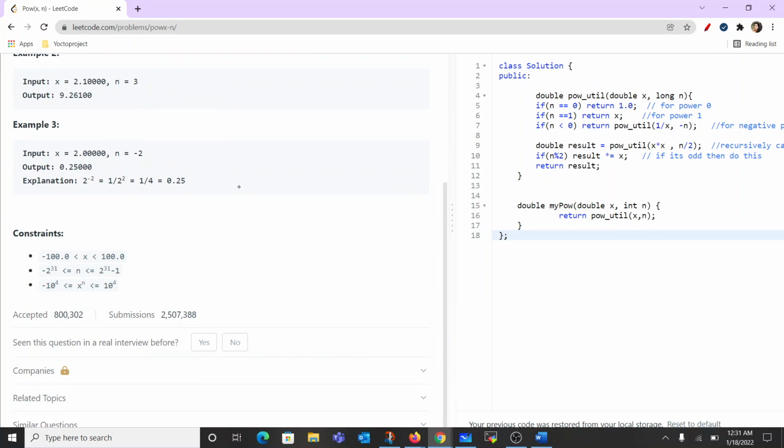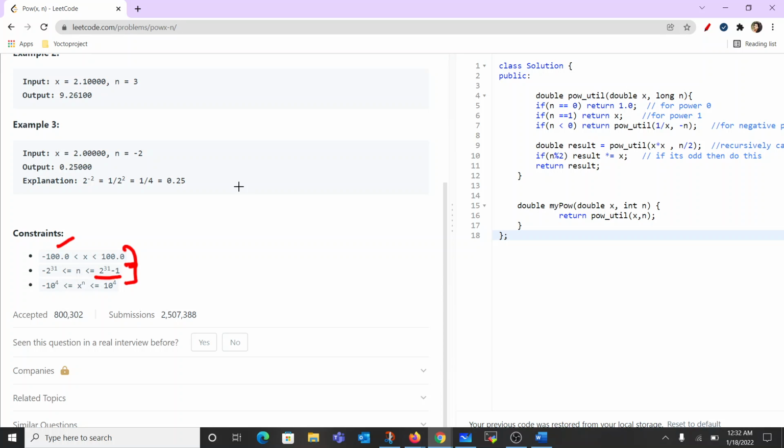We can do this question in a brute force manner, but we are given constraints in such a manner that we can't do it by brute force. The constraints of x are in this manner, right? And even n is in this manner. Because of this fact, we can't simply use brute force.